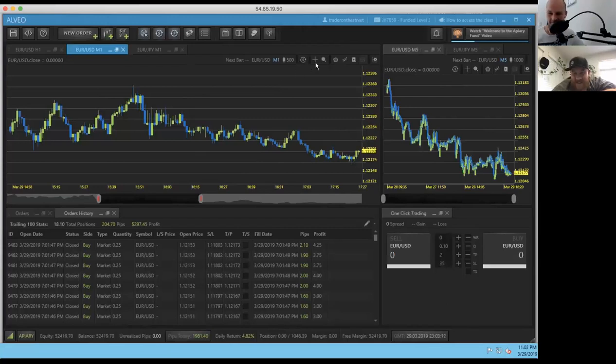Yeah, that'd be great. I talked a lot about these price and time cycles, and you can see I've drawn several lines on the chart. This is just a quick and dirty way of trying to get a feel for what the cycle is in the market.